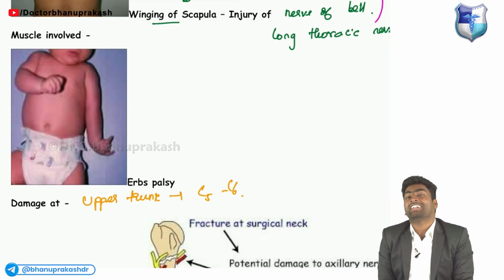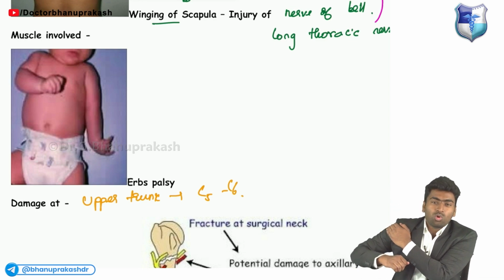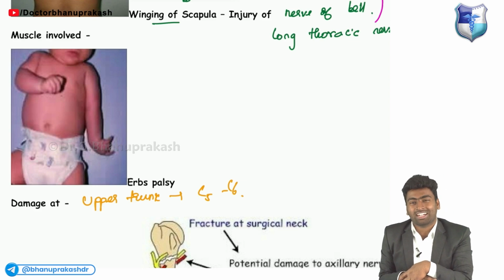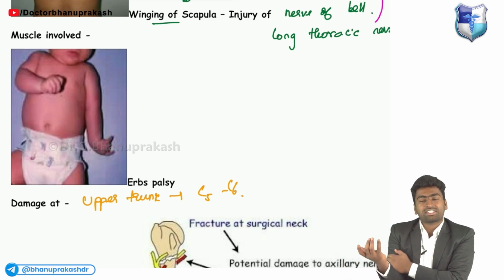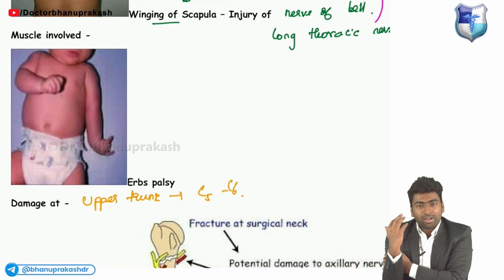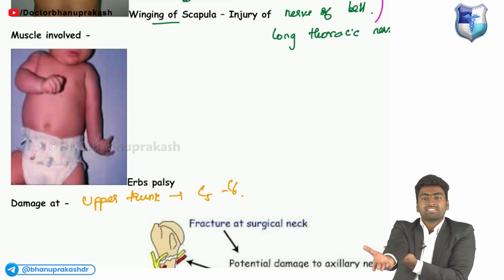It is the deltoid muscle. So if there is any damage to this deltoid muscle, then there will be no abduction. So the arm will remain adducted. Then we know the flexors of this component, it is what? It is the biceps. So if there is any damage to the biceps, then we cannot flex it. Then the hand will remain in the extended position.